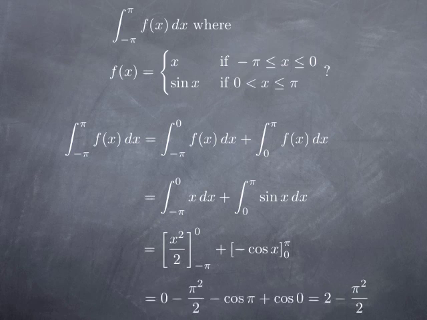That's going to give me negative pi squared over 2, which is the same as minus pi squared divided by 2. Then I have the value of negative cosine x at pi, that's negative cosine pi, minus the value of negative cosine at 0, that gives me plus cosine 0. Cosine pi is negative 1, so its opposite is positive 1. Cosine 0 is 1, so I get 2 minus pi squared over 2.